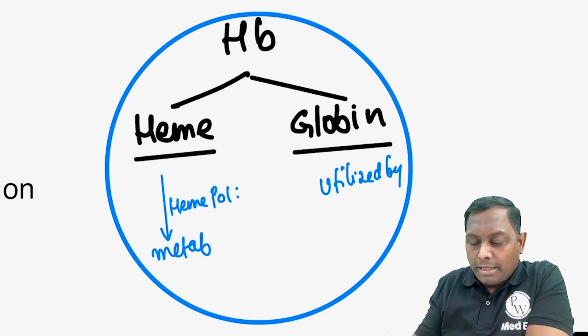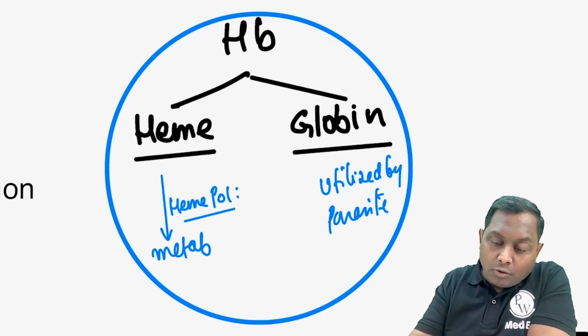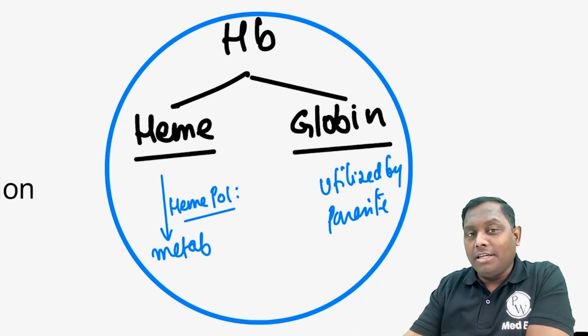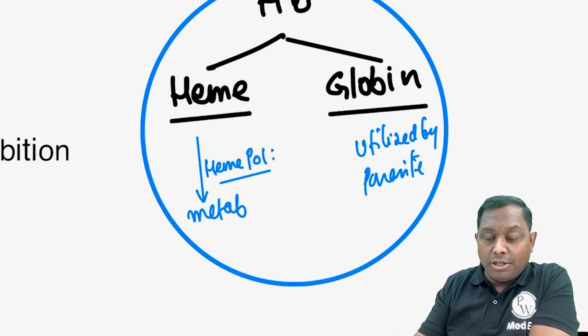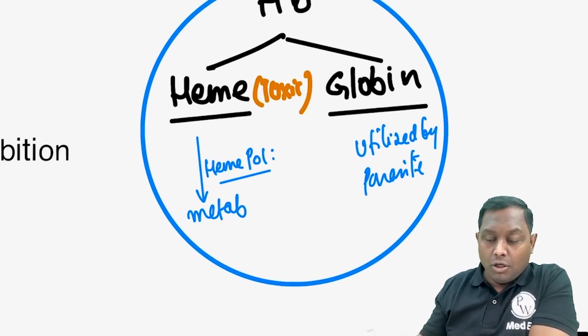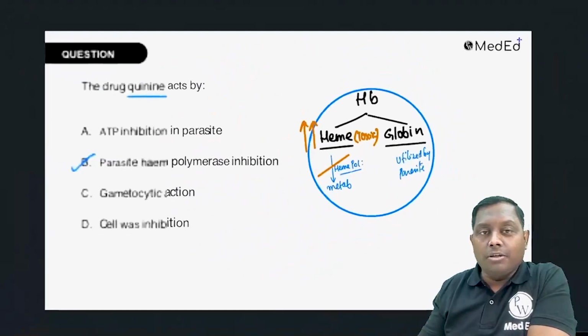So when someone got to know that heme polymerase is causing metabolism of heme, so that heme is becoming non-toxic, what you do, you actually inhibit the heme polymerase. So now the level of heme will increase and that will be causing toxicity for the parasite.